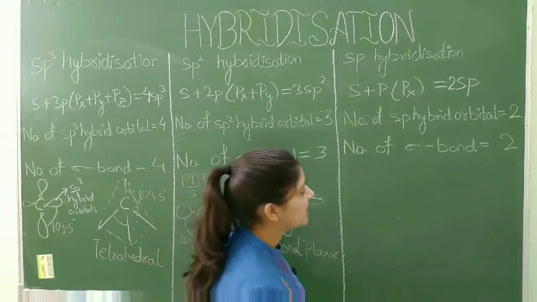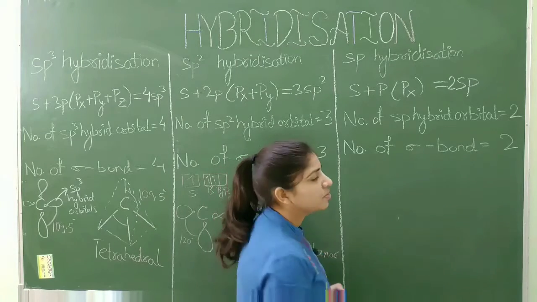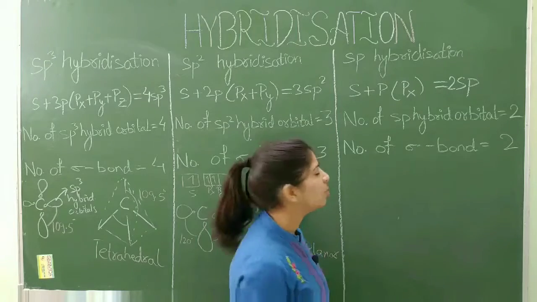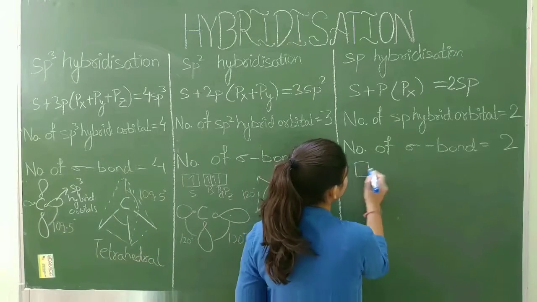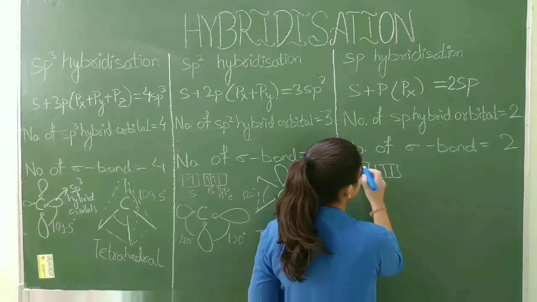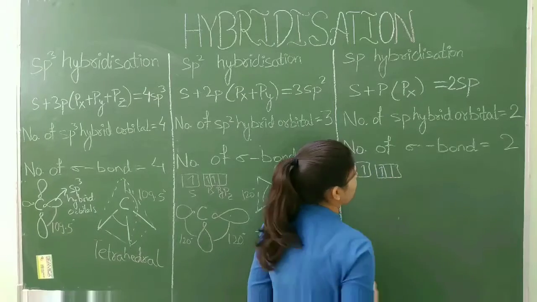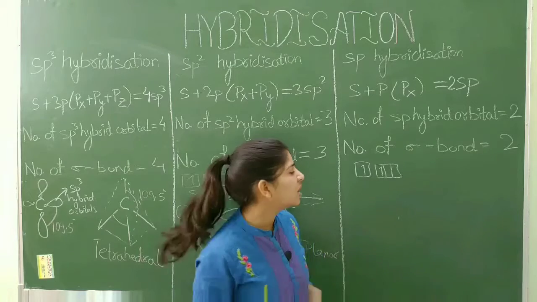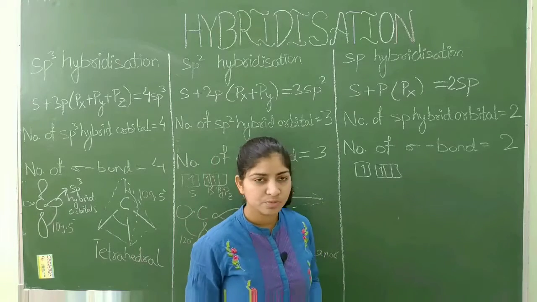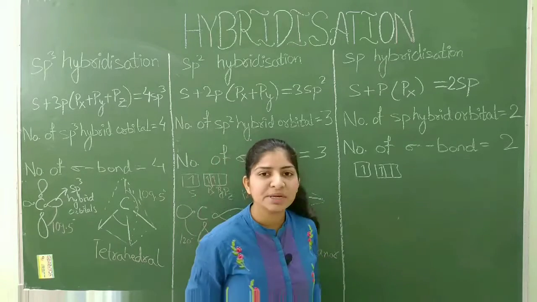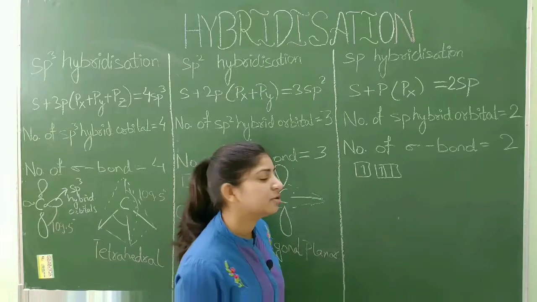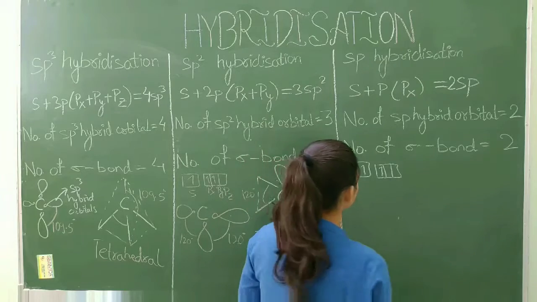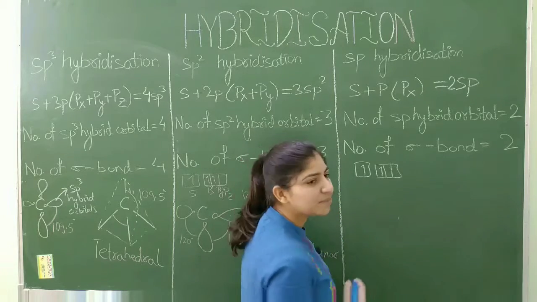Now let us discuss sp hybridization. There is one electron in s orbital and one electron in p orbital. So total number of unpaired electrons is 2. So 2 bonds will be formed and atomic orbitals mixed are 2. So total number of hybrid orbitals is also 2, and total number of sigma bonds is 2 because 2 bonds are forming. Now let us discuss shape and geometry.